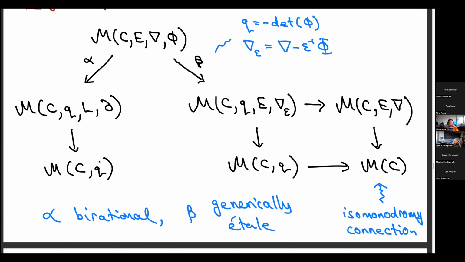In other words, this space is the cotangent bundle of MG. So the cotangent bundle to the space of curves is the space of curves with quadratic differential.